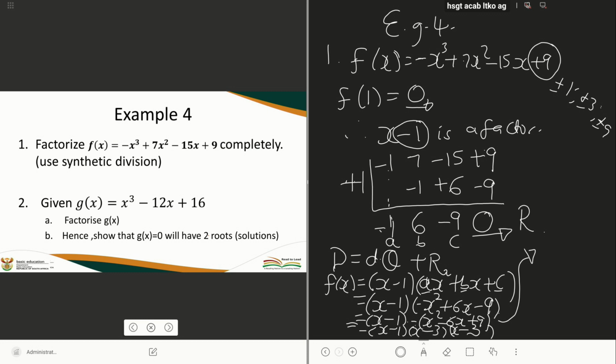Okay, I hope everyone is fine with that one. Therefore, our last solution there will be equal to negative into x minus 1 multiplied by x minus 3 all to the power 2. Those are the factors of the polynomial by using the synthetic division. Okay, I hope everyone is fine with that one.